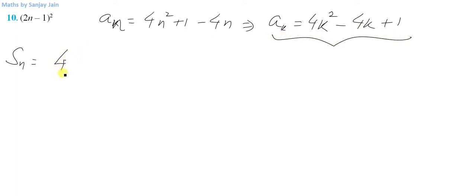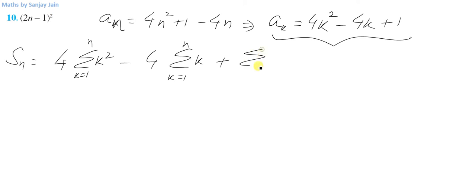So let me write the separate terms. 4 into sigma k equal to 1 to n of k squared minus 4 into sigma k equal to 1 to n of k plus sigma k equal to 1 to n of 1.